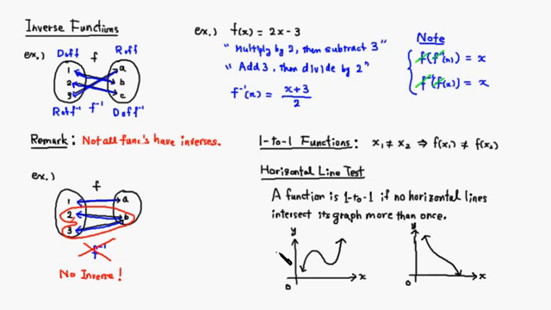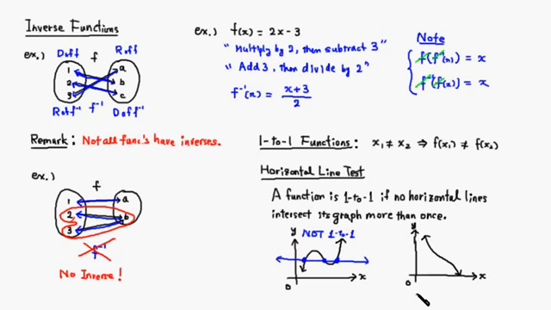Here's a graph, and you can easily see that if you put a horizontal line right here, there will be 1, 2, 3 intersection points. So there is more than one intersection point. Therefore this is not a one-to-one function, since it fails the horizontal line test.